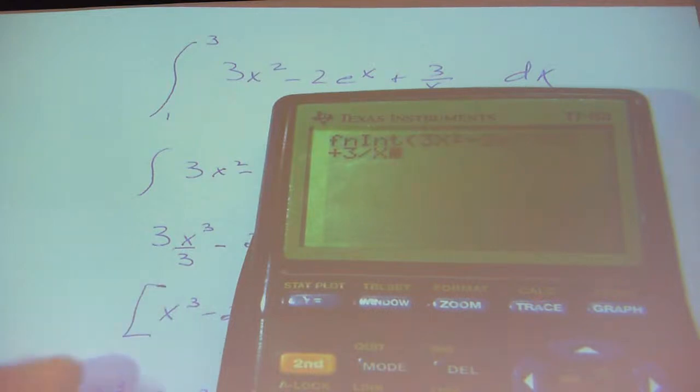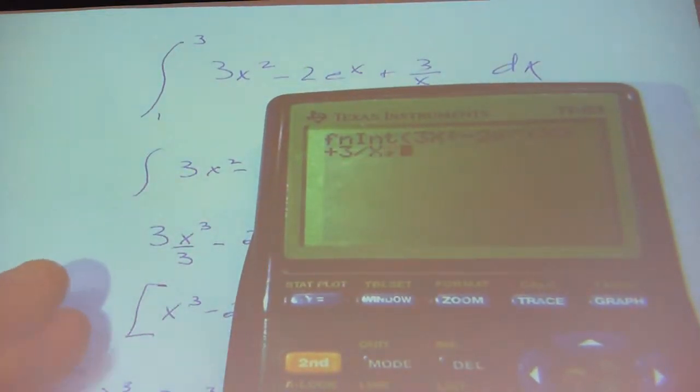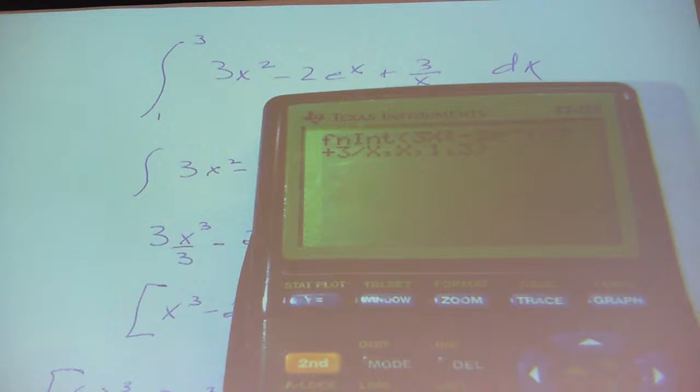But then your calculator, you're going to put comma x, comma 1, comma 3. Lower, comma upper. Comma x for the dx, lower, comma upper. So it's a little different, but you still get the same answer. So depending on which calculator you have, that's what you're going to get.